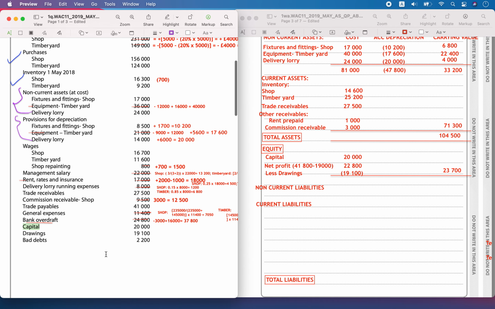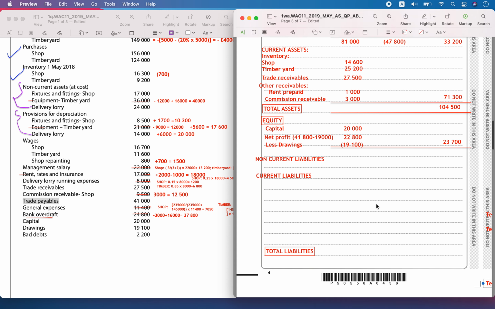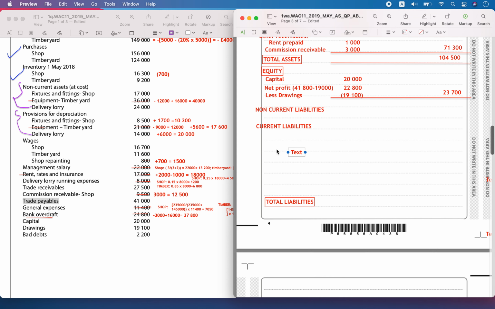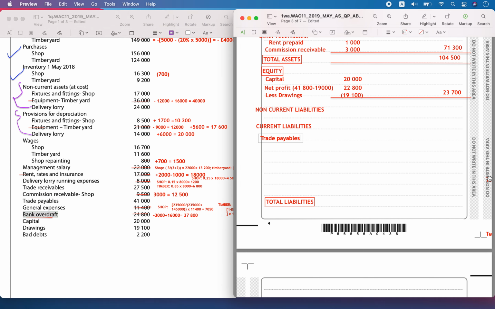Current liabilities are going to be equal to trade payables, and then you have the bank overdraft and other payables.